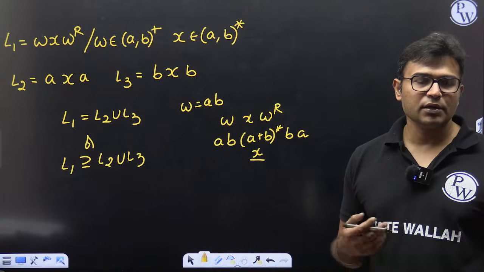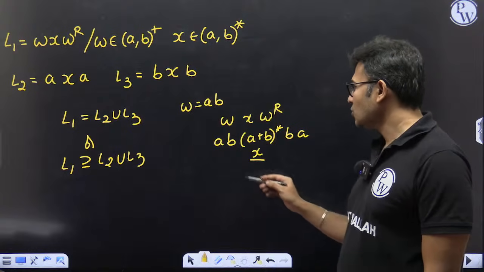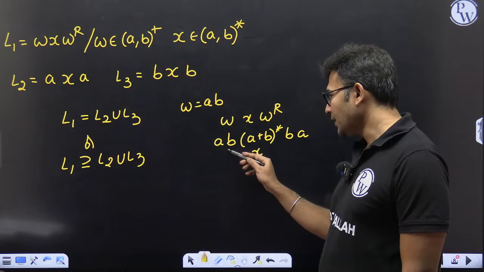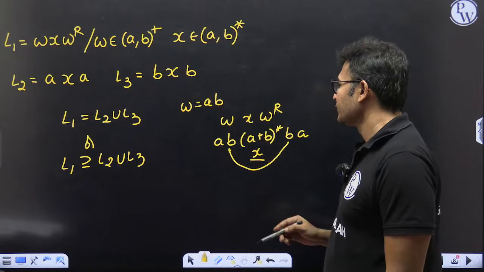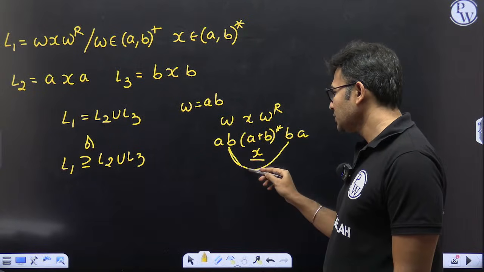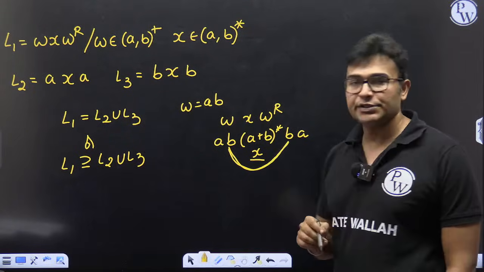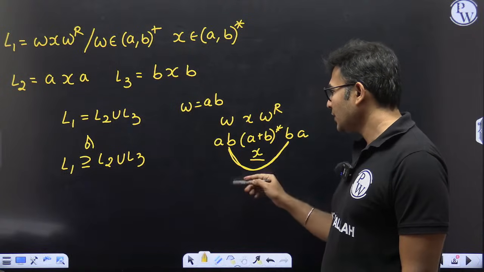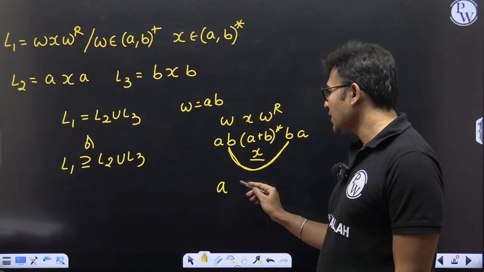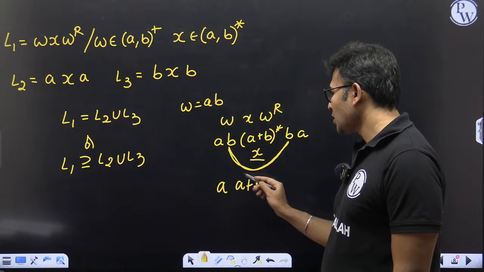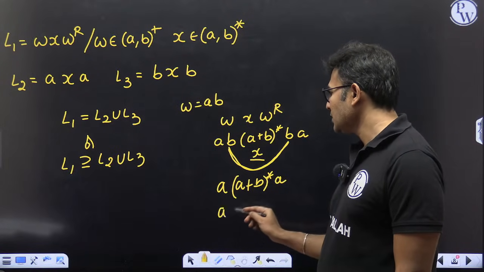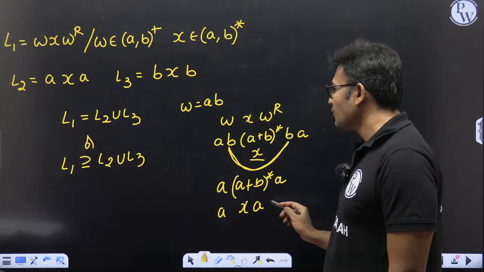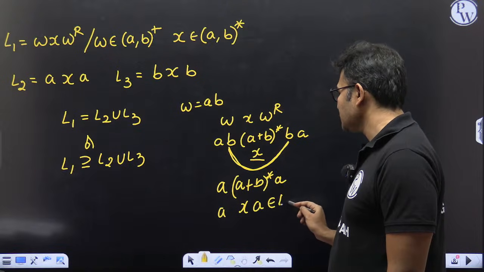So we can expand the X so that it will eat up these two b's. Then I can write it as (a plus b) star a, which is nothing but aXa, which means this belongs to the language L2.